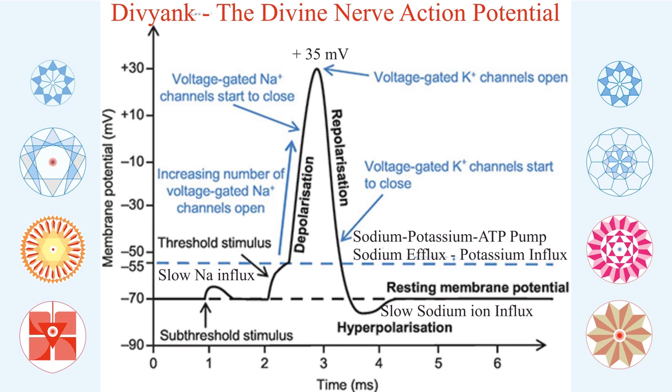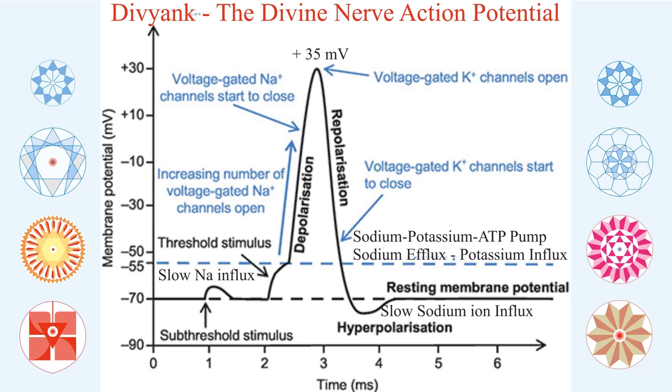Please keep in mind, it's an open channel, a slow influx of sodium ions. As a result, it is gradual. And the way this goes is also a representation of the Divyank ratio. Let's not confuse ourselves at this stage and leave it at that.